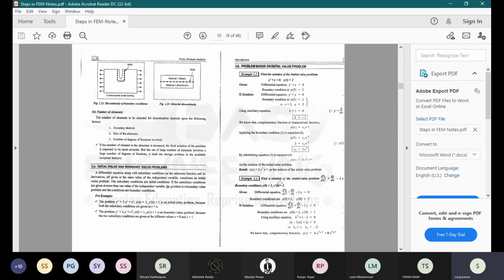Once we know the value of lambda, then we will have the complementary function, and using the complementary function again you have to put the value of the unknowns. Okay, then we will get the final solution, or you must say the general solution. Okay, so this is for your initial value problems.